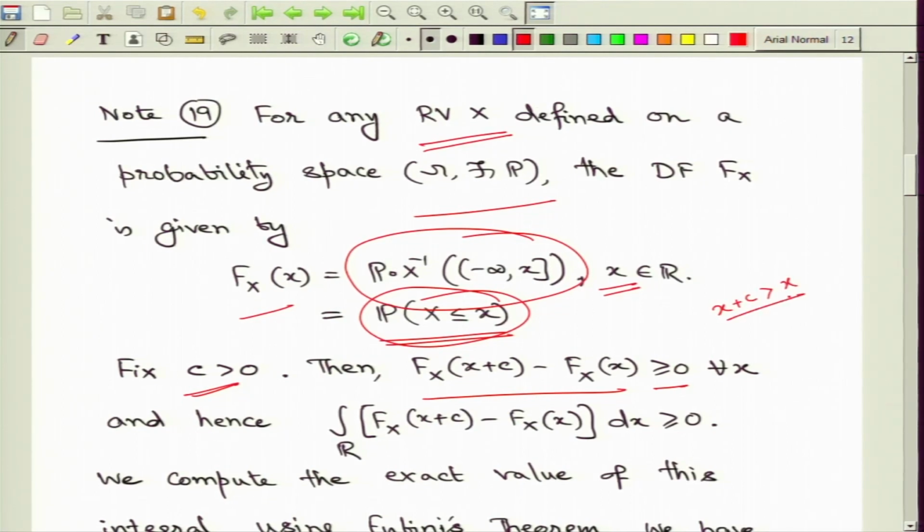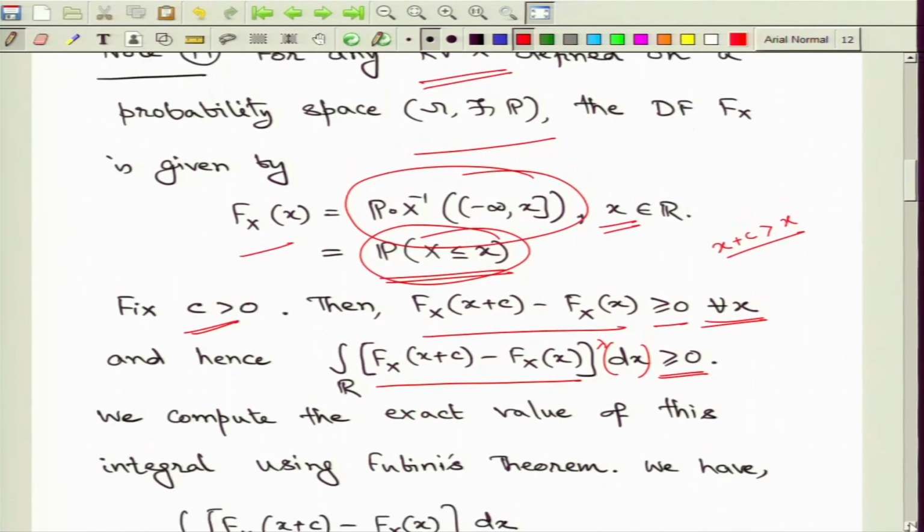So, using the non-decreasing property of this distribution function, we end up with this inequality pointwise for all x, and hence we can conclude that this is a non-negative function. If we integrate with respect to the Lebesgue measure over the real line, the full integration will also be non-negative. Here we have hidden the Lebesgue measure using our usual notational convention, but underlying the integration has to be done through the Lebesgue measure.